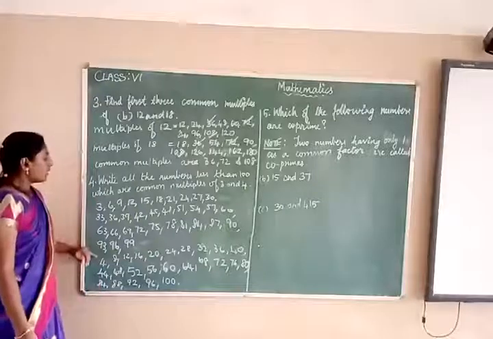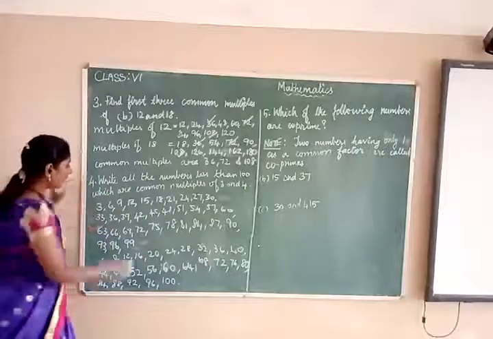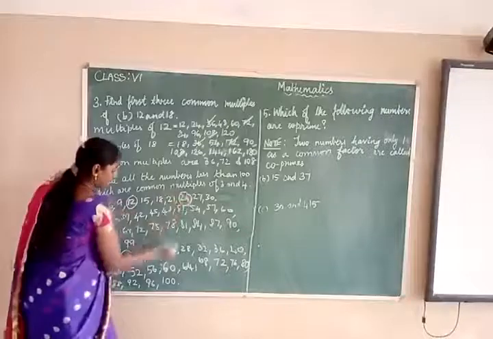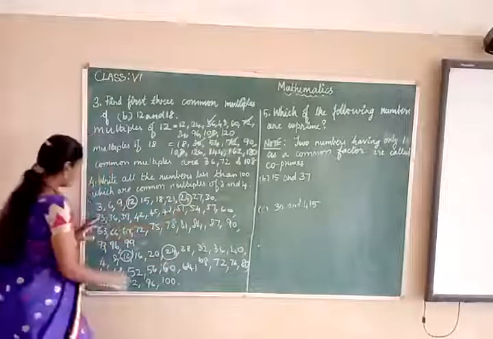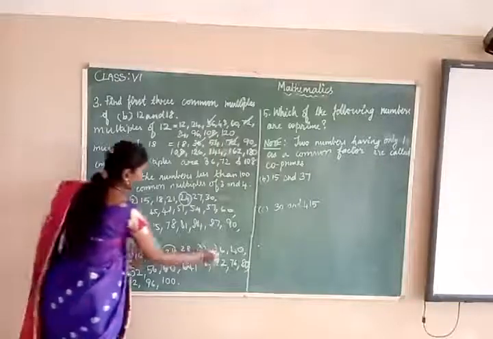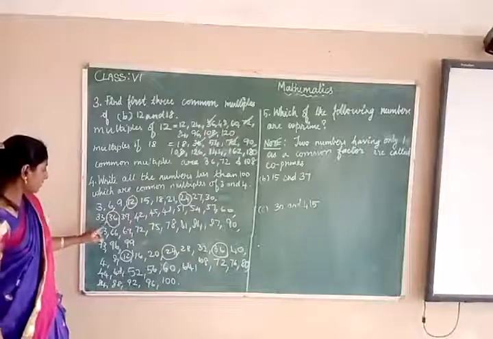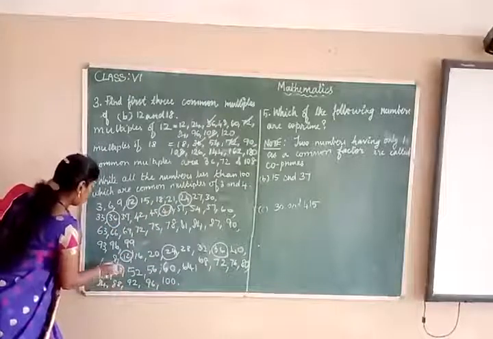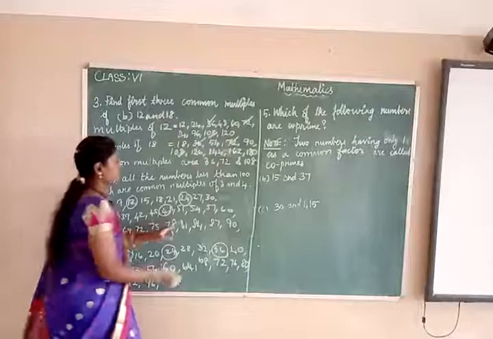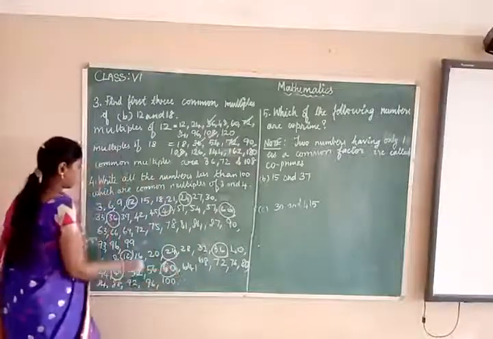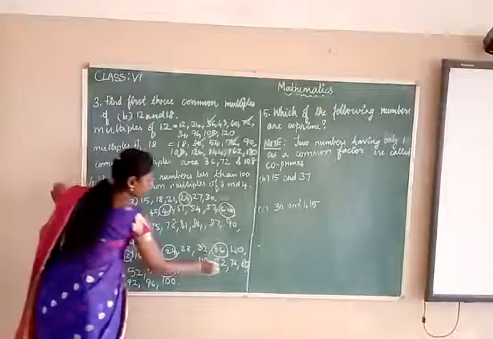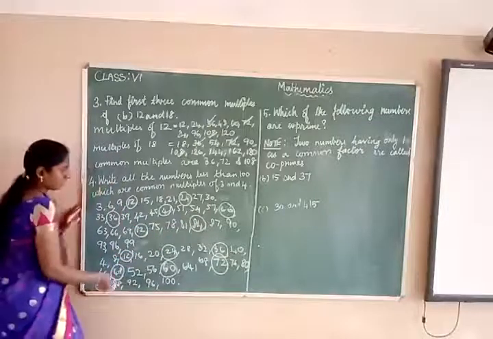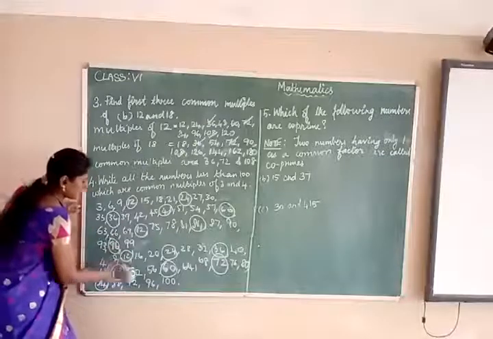So what are common here? 12, then 24, then 36, then 48, 60, 72, 84, then 96.